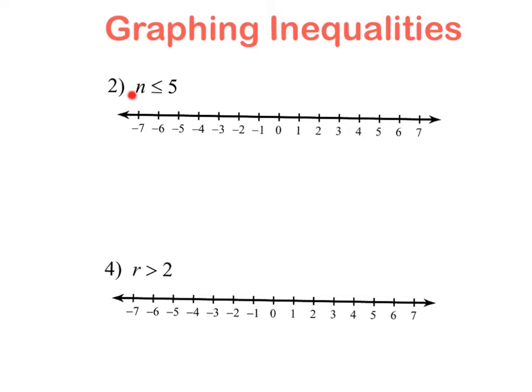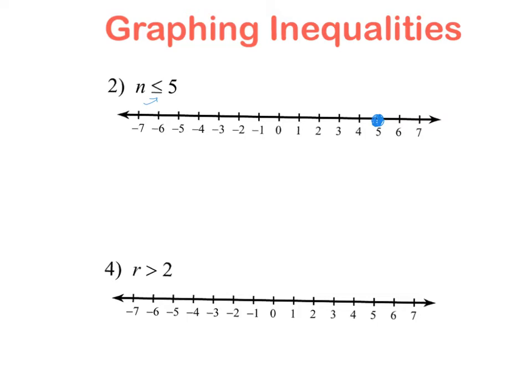So it says n is less than or equal to, and remember that line represents equal to, 5. So I'm going to go to the number given to me, which is 5, and I have to decide: is this going to be an open circle or a closed one? Well, if it has this line and says it's equal to, that means we need a closed circle on 5. So I'm closing it.